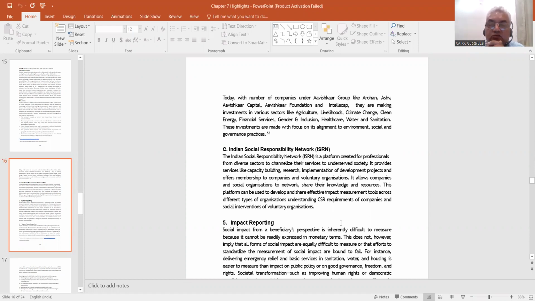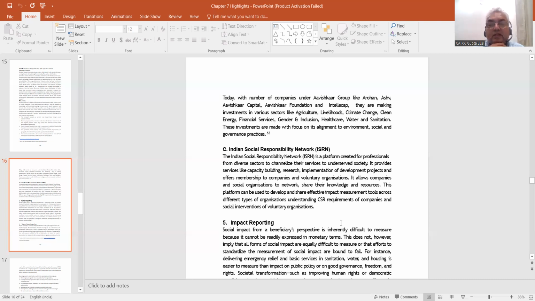It allows companies and social organizations to network, share their knowledge and resources. So this platform can be used to develop and share effective impact measurement tools across different types of organizations, understanding CSR requirements of companies and social interventions of voluntary organizations.